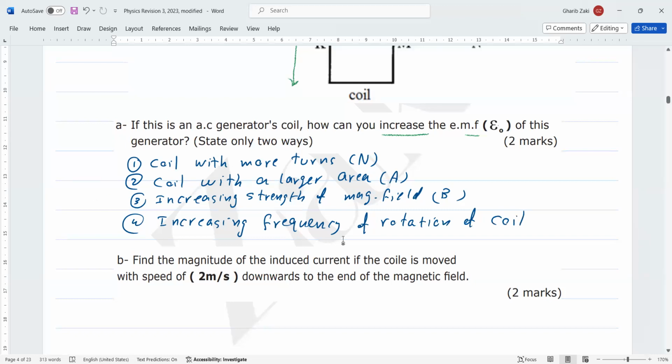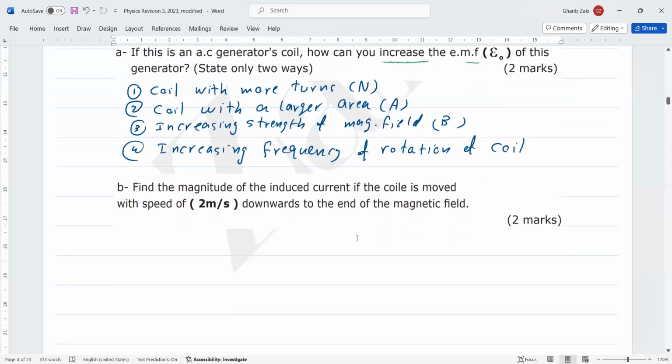Now, part B, find the magnitude of induced current. So we need I induced.